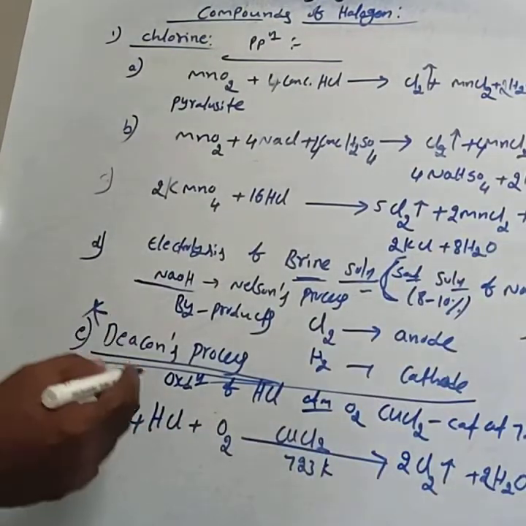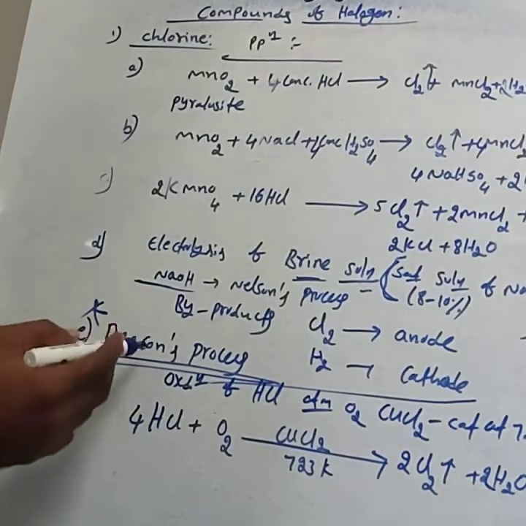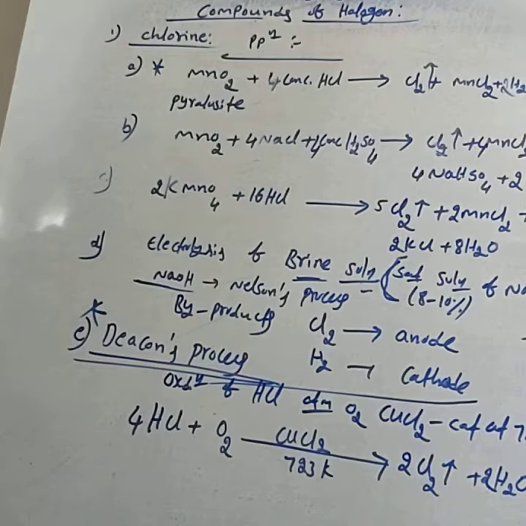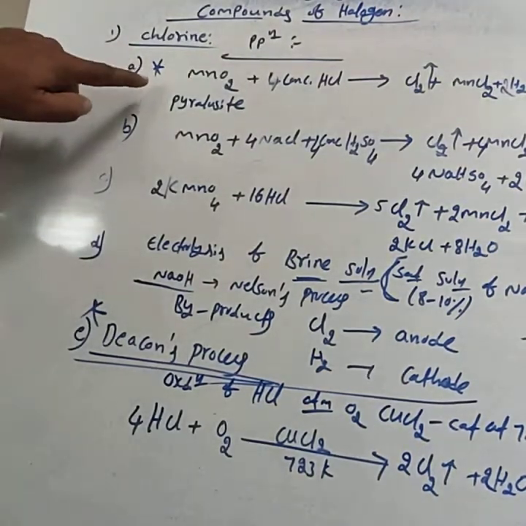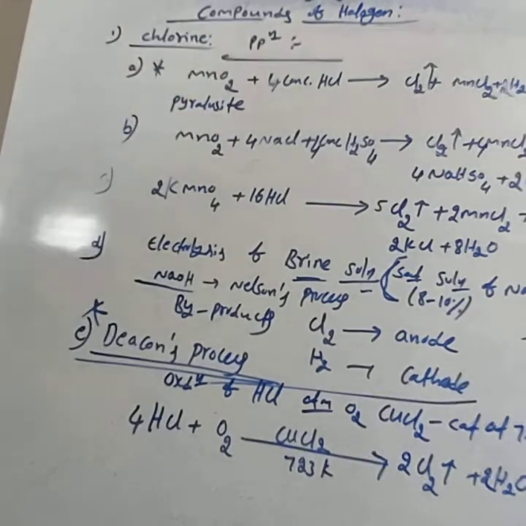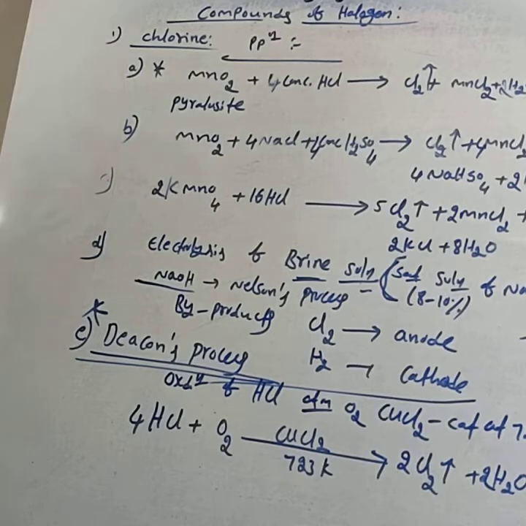This is a very important one. They can ask either Deacon's process or treating MnO2 with concentrated HCl: explain the preparation of dichlorine from pyrolusite. Pyrolusite means MnO2, manganese dioxide, treated with concentrated HCl, and dichlorine is obtained.